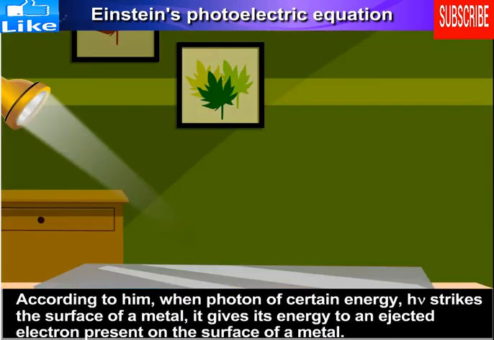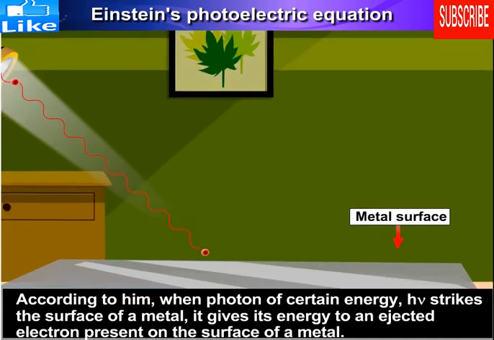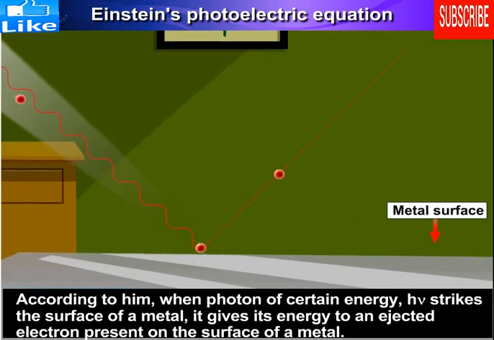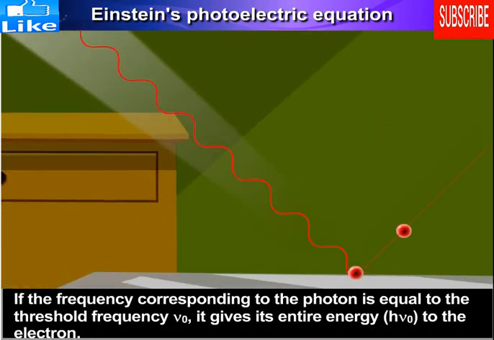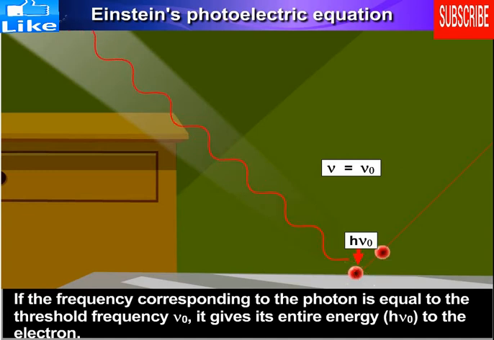According to him, when a photon of certain energy, hν, strikes the surface of a metal, it gives its energy to an electron present on the surface of the metal. If the frequency corresponding to the photon is equal to the threshold frequency ν0, it gives its entire energy, hν0, to the electron.